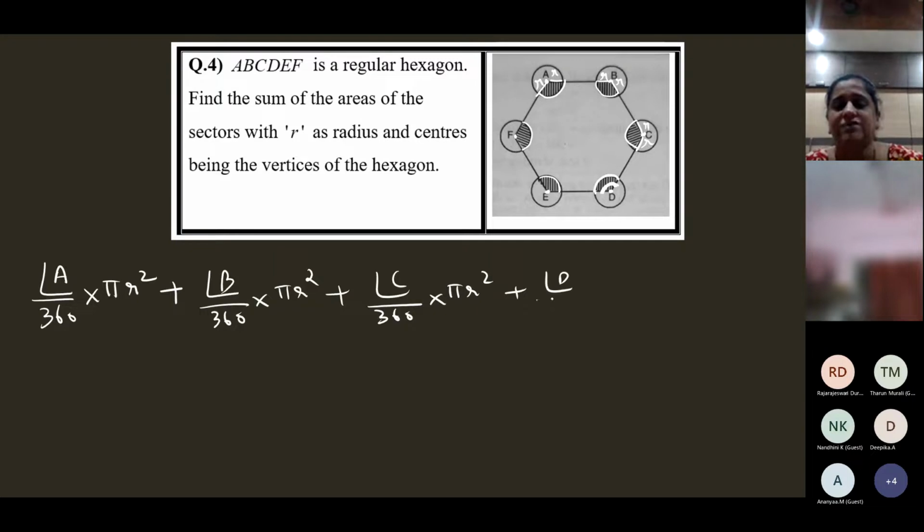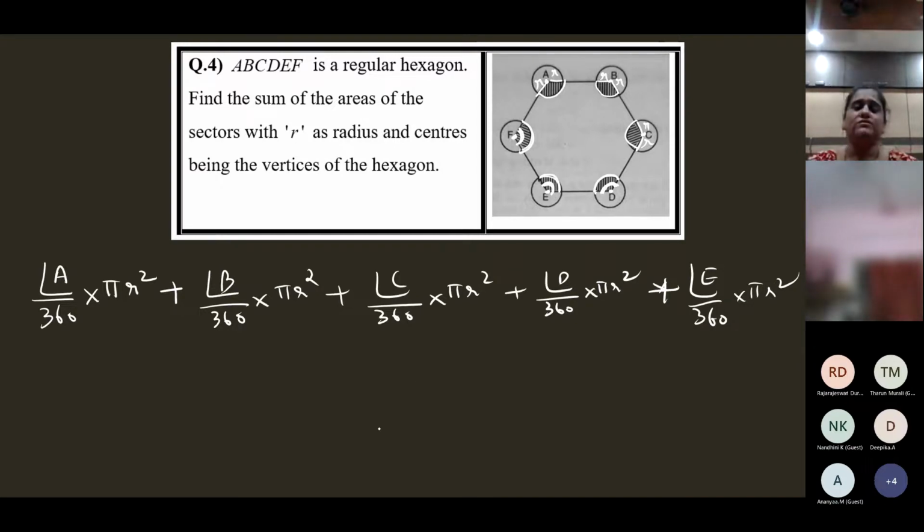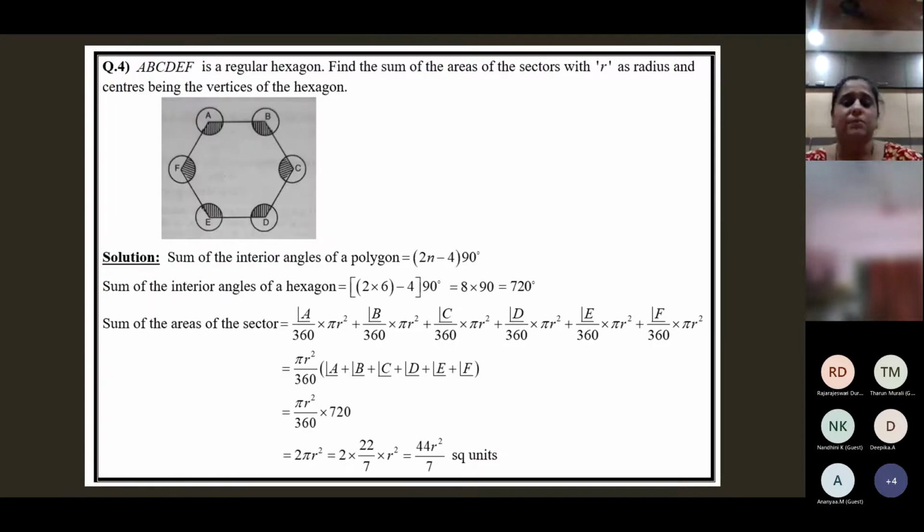Angle D by 360 into pi r square. And for this sector, this is the central angle. Angle E by 360 into pi r square. And for this sector, this is the center of the circle, and this is the sector angle, angle F.